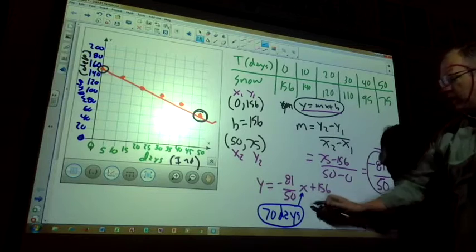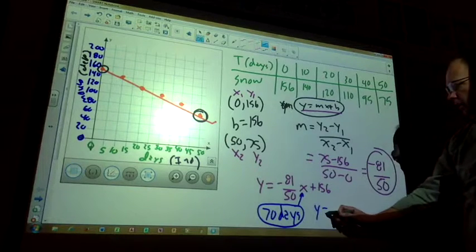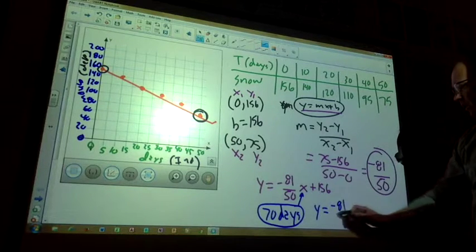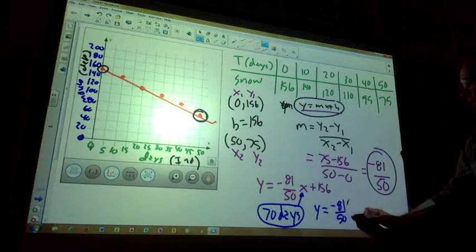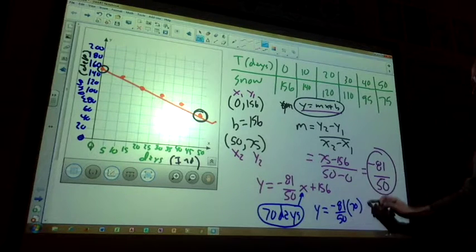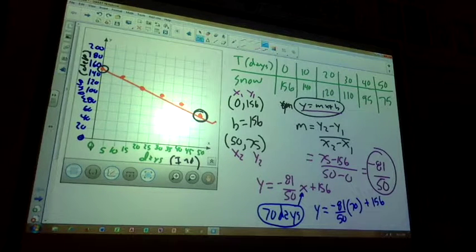If I plug 70 in there, I need you to help me on a calculator. So negative 81 divided by 50, it's going to give you some numeric value. Whatever that is, multiply it times 70. Negative 113.4. And then add negative 113.4 to 156. 42.6.